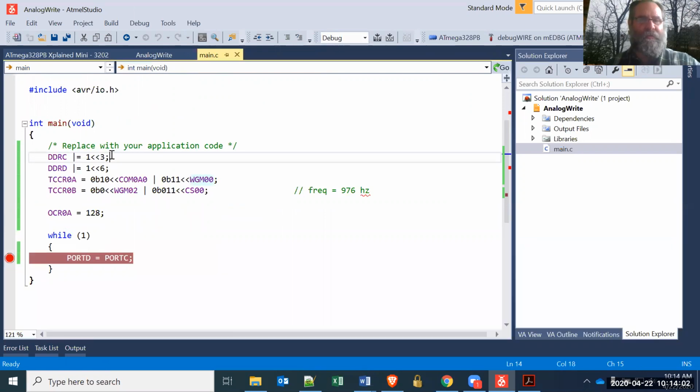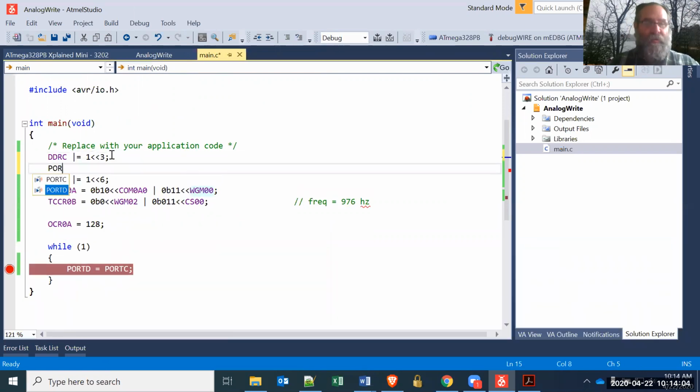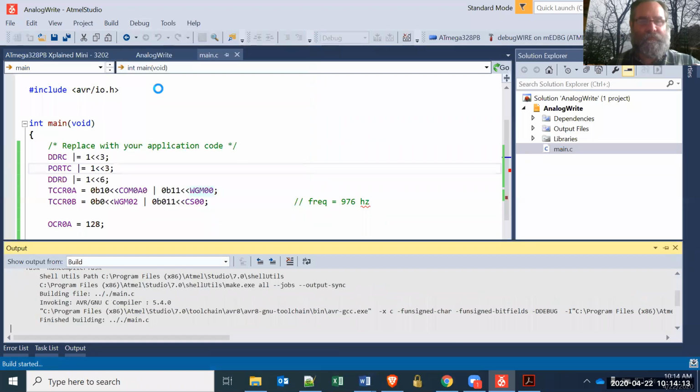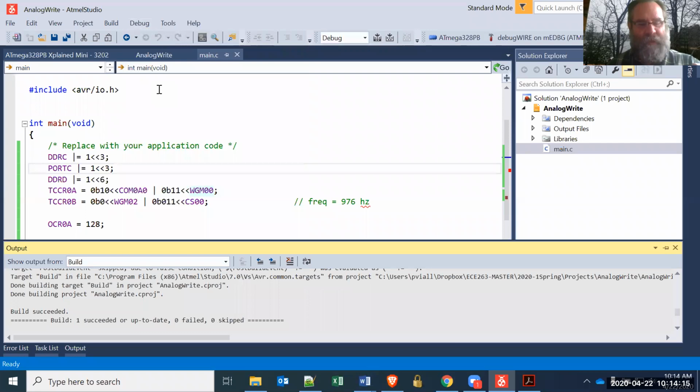DDRC, and port C. Now, that should be at... yeah, that looks awful white to me. And I think you have to turn off the other lights, because I never turned off the other ones.